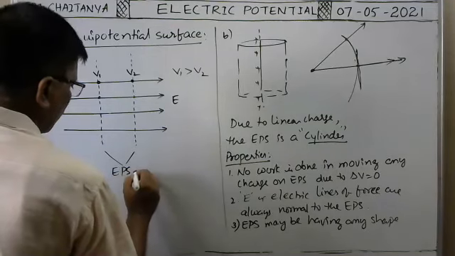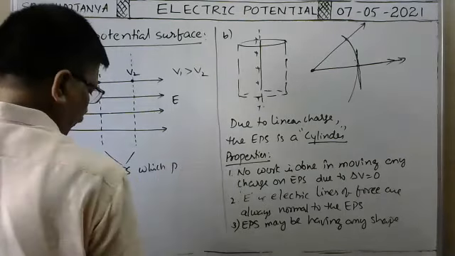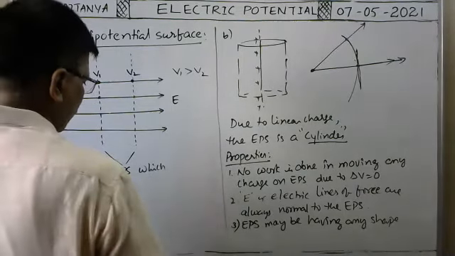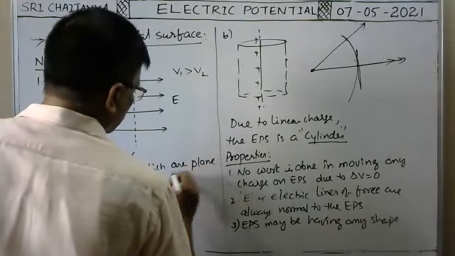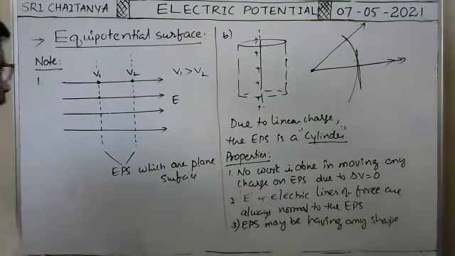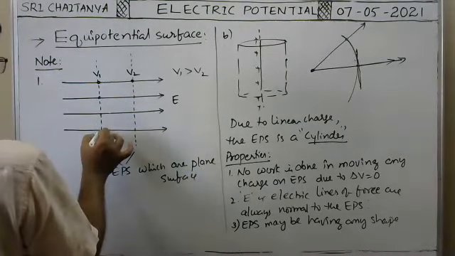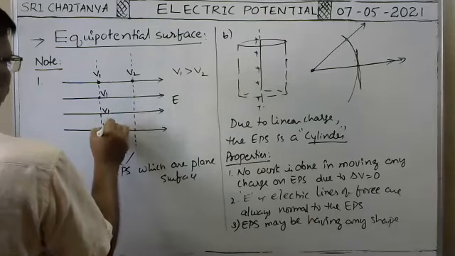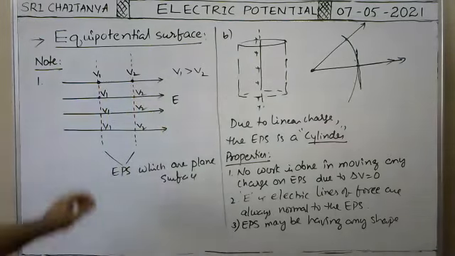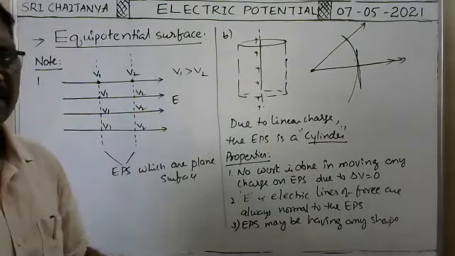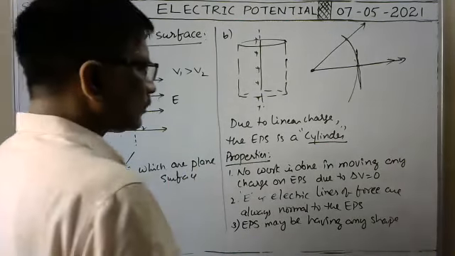These are the equipotential surfaces which are planes. At these points the potentials are the same: here V1, V1, V1, and here V2, V2, V2. This concept is very, very important. Based on this concept, once in mains they asked a problem.